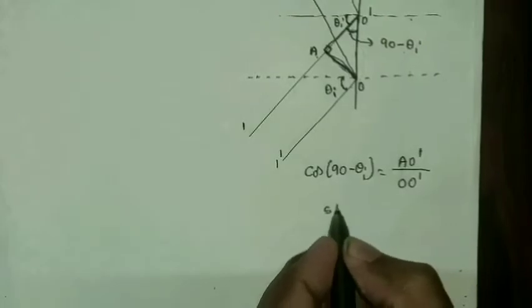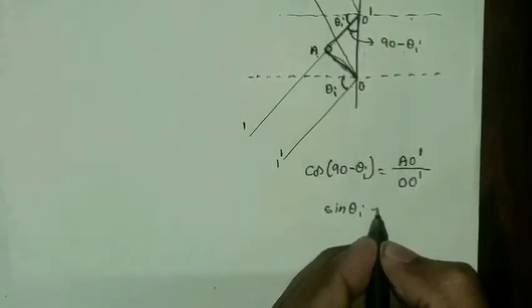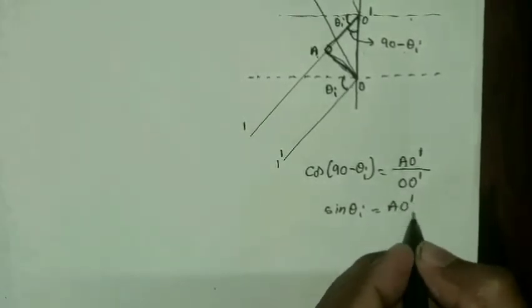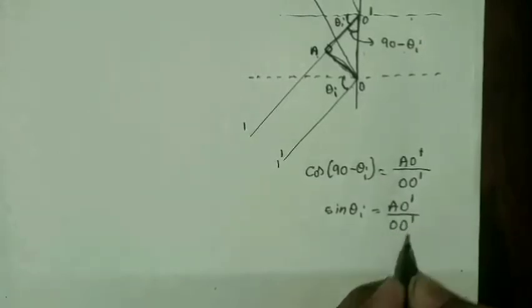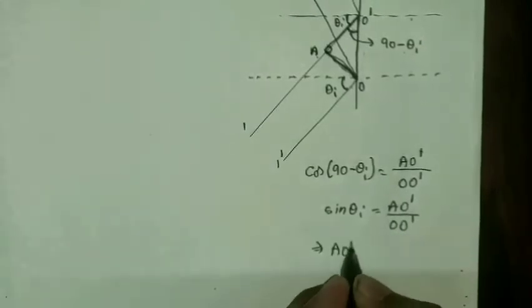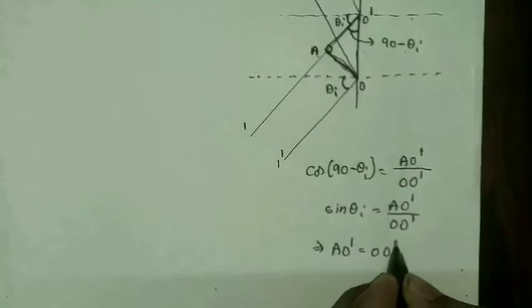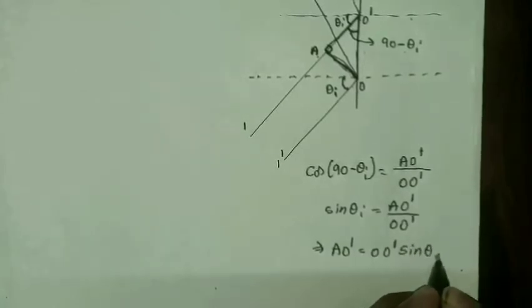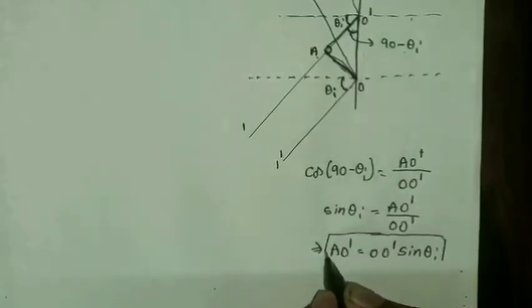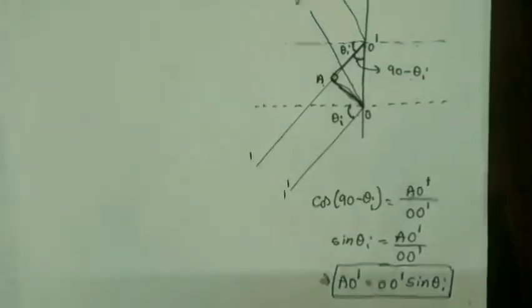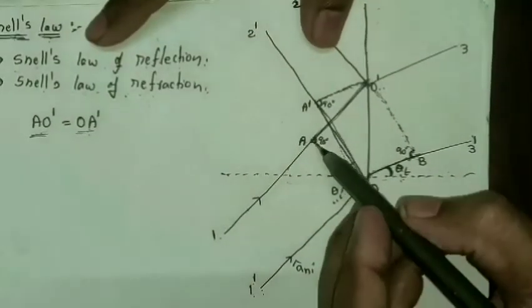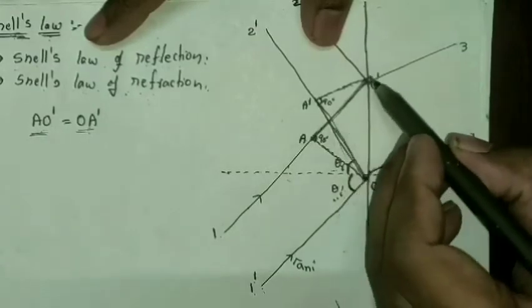Cos 90 minus theta I is sin theta I, which equals AO dash by OO dash. That implies AO dash equals OO dash into sin theta I. So this is the length of AO dash. Now in this diagram, we obtained the length of AO dash.